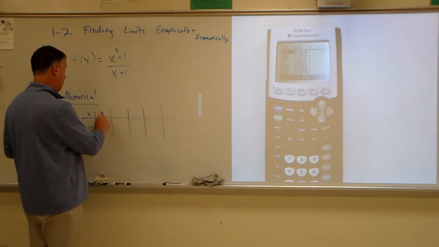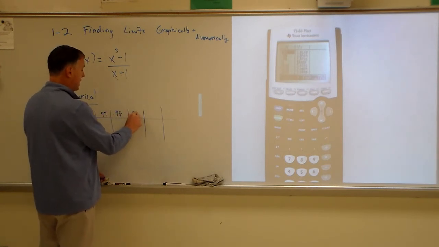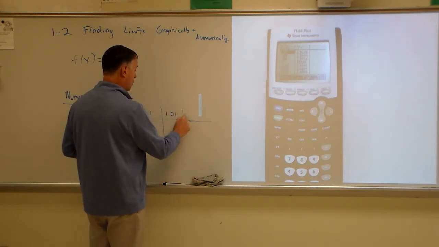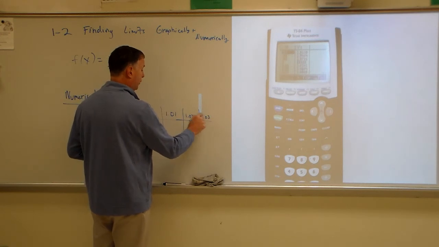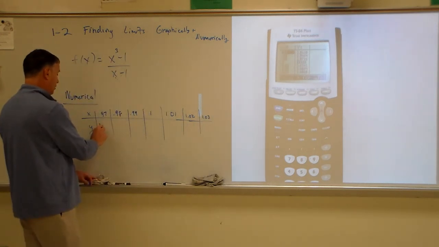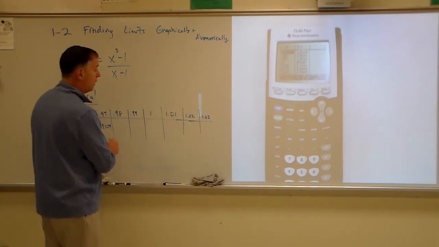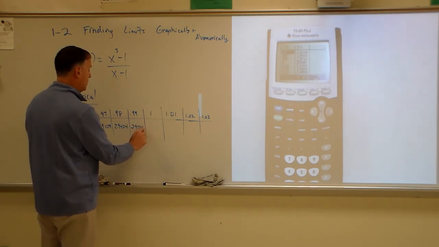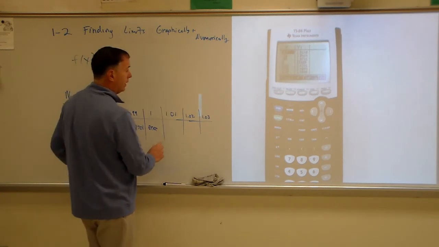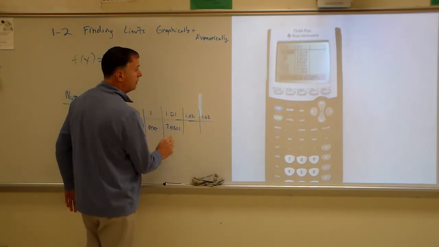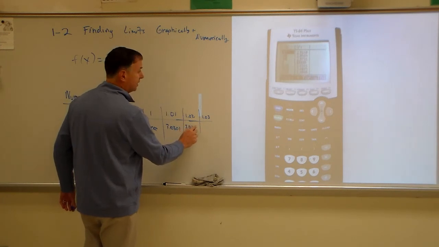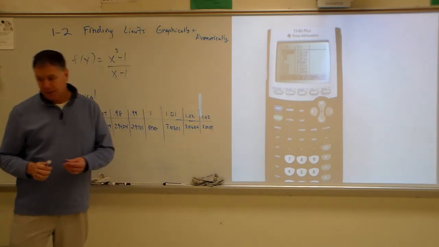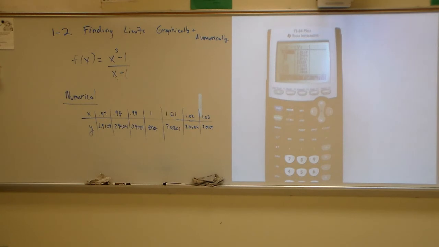Up top we have 0.97, 0.98, 0.99, 1, 1.01, 1.02, 1.03, and then we write our y values in: 2.9109, 2.9404, 2.9701, error, 3.0301, 3.0604, and 3.0909.